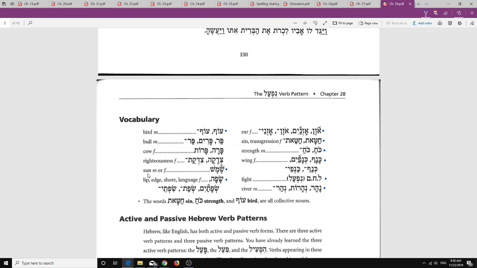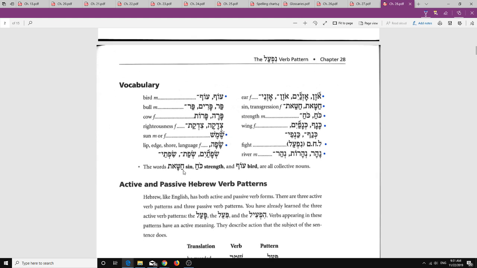Your lips are so a part of speaking that it's just tied together. So this is safa. Then just a quick note, chatat, koach, and oaf are collective nouns. So in English we might translate them plural, depending on context.